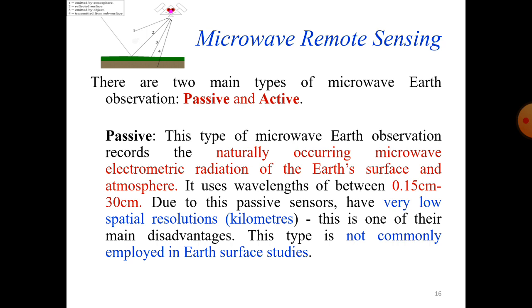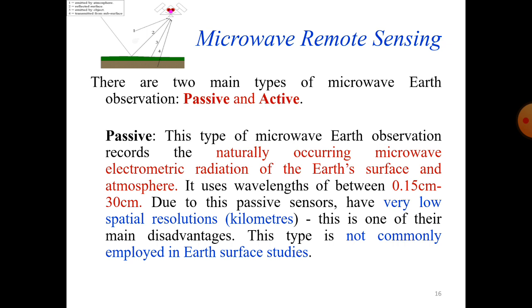There are two types of microwave remote sensing, referred to as passive and active. As we saw in satellite remote sensing, the same type applies here also. This is purely based on the source of energy which emits the radiations.